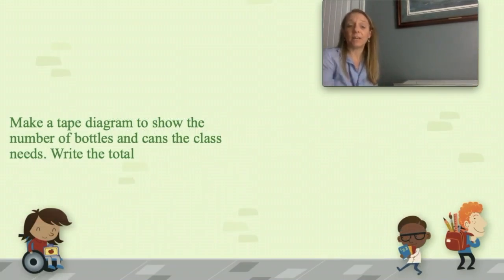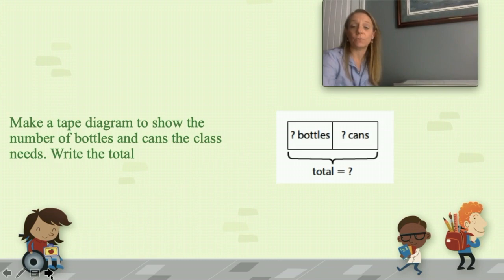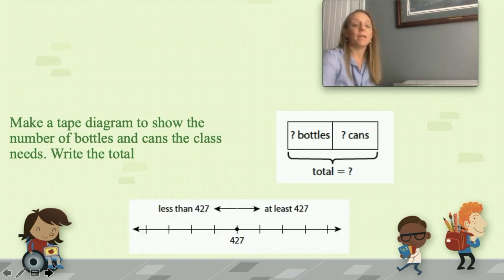Make a tape diagram to show the number of bottles and cans the class needs, and then write your total. Here's an example of our tape diagram. Your number of bottles plus your number of cans gives you your total. And we have to remember our number line. 427 was last year's total, and we need at least 100 more than last year.